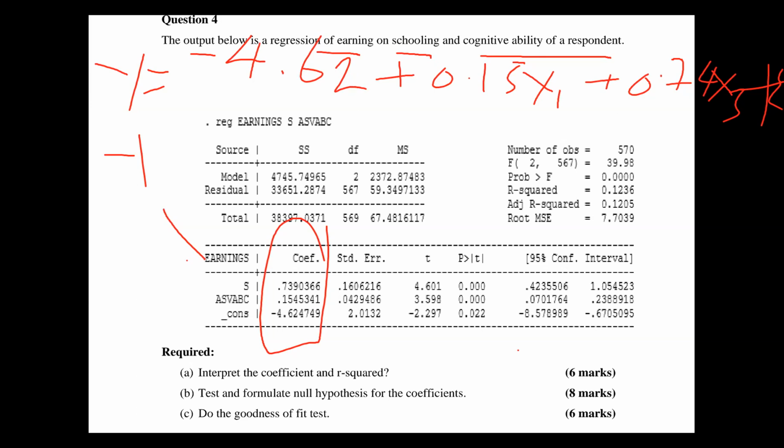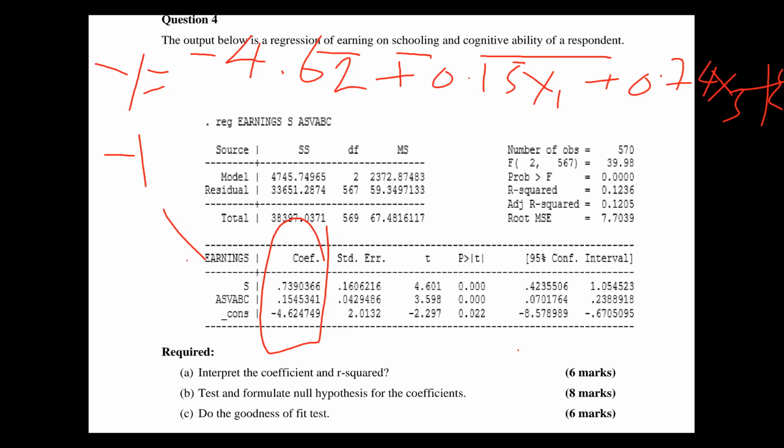So you can say an additional unit increase in schooling will increase the earnings by 0.74 units. Is that okay?